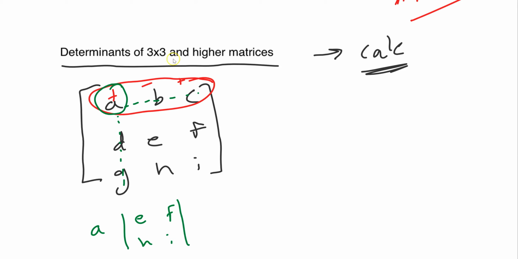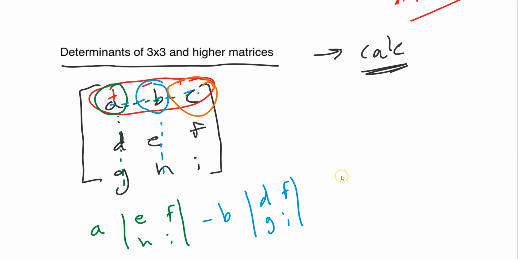Then you do the same thing to the next one. I circle my B and cancel out its row and column. What's left over is D, F, G, I. So you have negative B times the determinant of D, F, G, I. You only fill out one row or column.